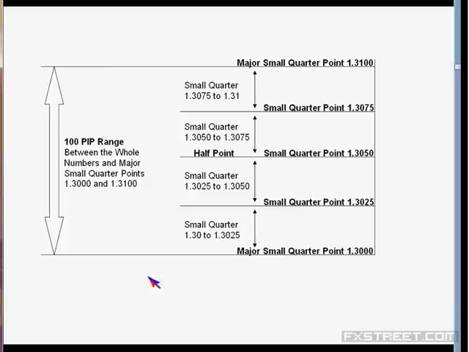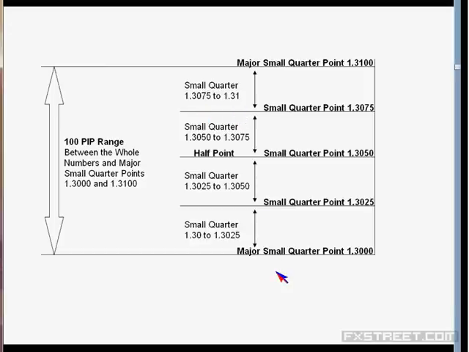Let's take, for example, the 100 pip range between $1.30 and $1.31. If we divide that 100 pip range, we get 4 small quarters: from $1.30 to $1.3025, $1.3025 to $1.3050, $1.3050 to $1.3075, and $1.3075 to $1.31.